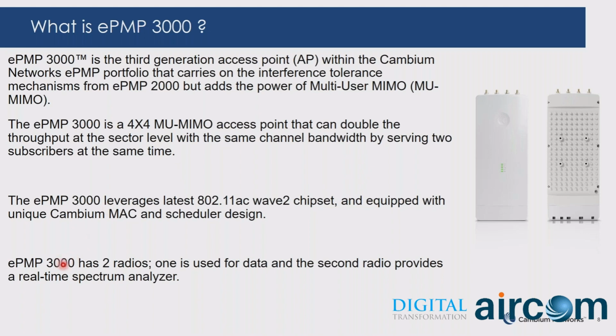I'm still going to show you a lot of features that we have with the ePMP 3000. But for now, note that the ePMP 3000 has 2 radios within the box. One of the radios is dedicated for data communication, whereas the other radio is a dedicated spectrum analyzer. If any of you attending today's session have already deployed the ePMP 1000 and 2000, you will know that whenever you need to conduct a spectrum analysis, you need to bring down the link because you have only one radio.